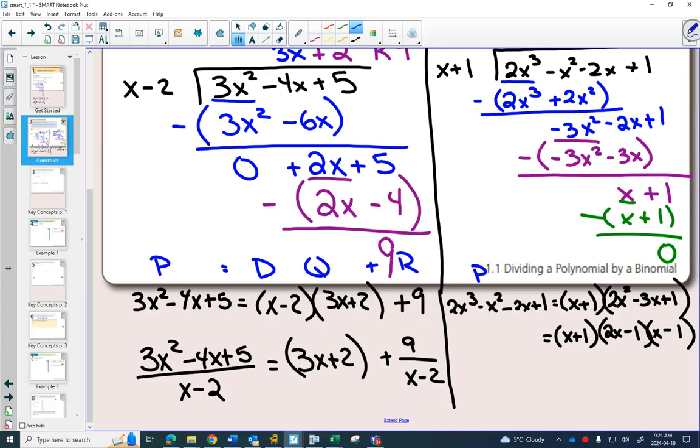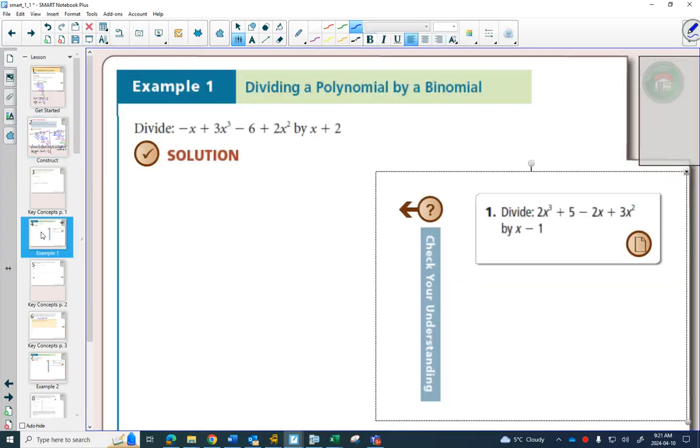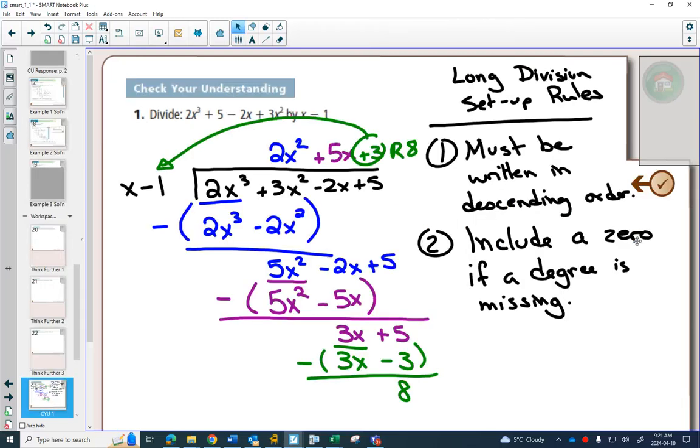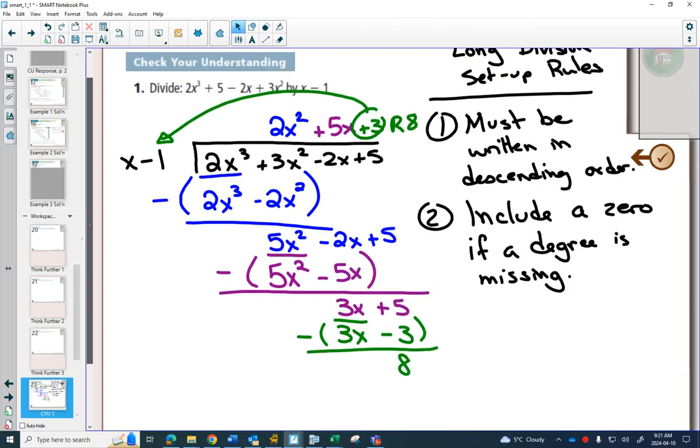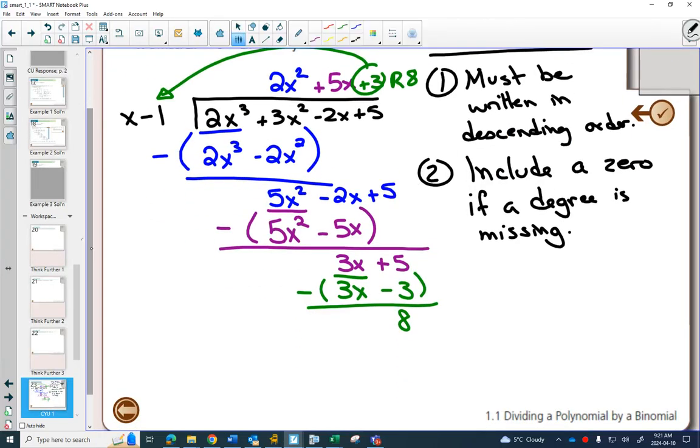We started with our polynomial. We divided by x plus 1. We got this as our quotient, and there is a plus remainder here, but that one didn't have a remainder, so our remainder was 0. And the one that we just did, we can now write our division statement for this. We started with 2x cubed plus 3x squared minus 2x plus 5.